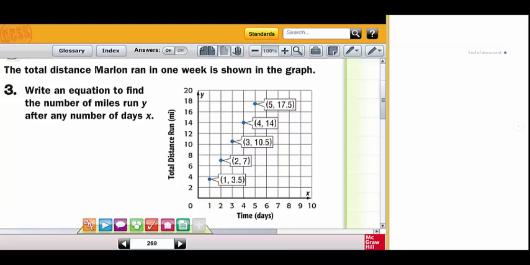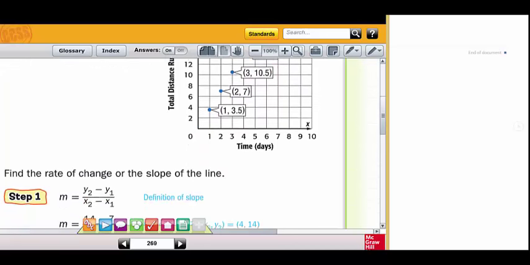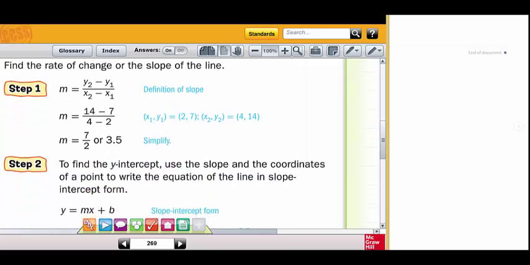Now let's take a look at the way they did this problem down here. So again, they used the definition of slope to find the slope, which we agreed the slope was 3.5. And then they said find the y-intercept, use the slope and the coordinates of any point to write the equation in slope-intercept form.